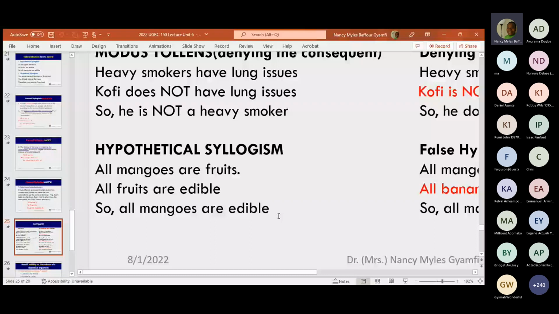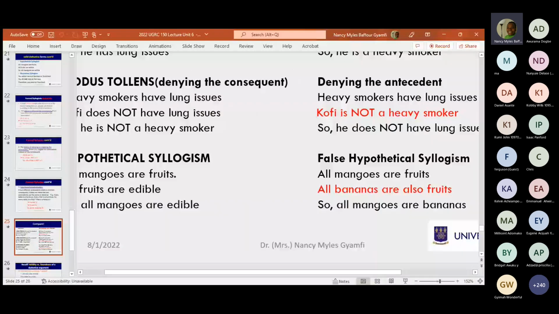Now see the false hypothetical syllogism, that is the imitator, the fake one, not the original dollar note. See, what does it do? It starts, all mangoes are fruits, then it leaves the fruits there and comes to say all bananas are also fruits. Something else comes in, see? So you conclude therefore all mangoes are bananas, jumping the wall.